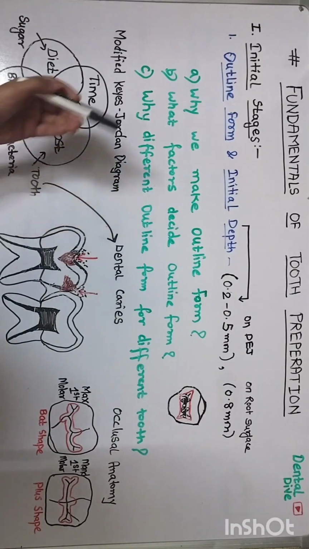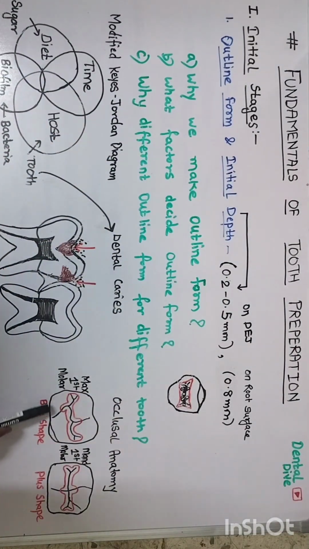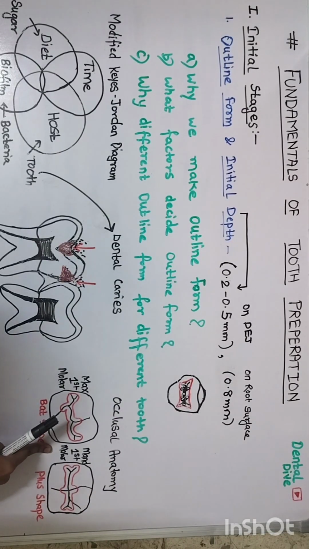So now, why different outline form for different teeth? This is your maxillary first molar, this is your mandibular first molar. As you can see, the pattern of pit and fissure on the occlusal surface for both the teeth is different. When you try to follow this pit and fissure to make outline form, the resultant outline form for both teeth will be different, like bat shape in maxillary first molar and plus shape in mandibular first molar.